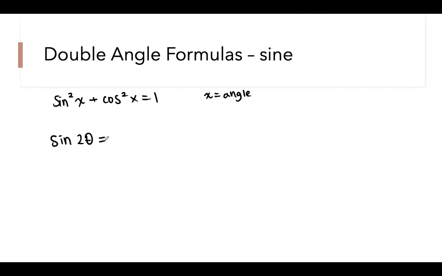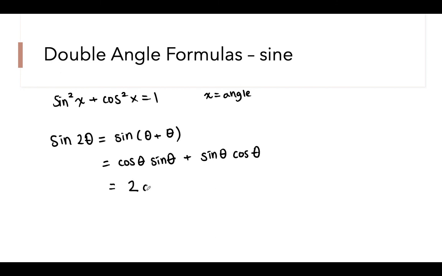Now, let's start by writing sine 2 theta. I could divide it into a compound angle, sine of theta plus theta. Using the sine compound angle formula, I could write it as cosine theta times sine theta plus sine theta and cosine theta. Because the angles are the same, it's 2 of cosine theta and sine theta.